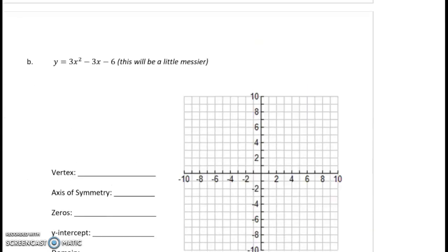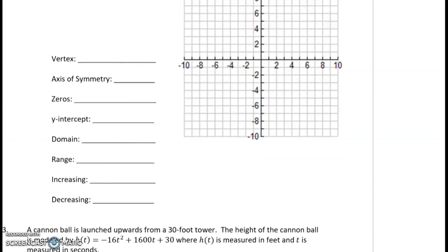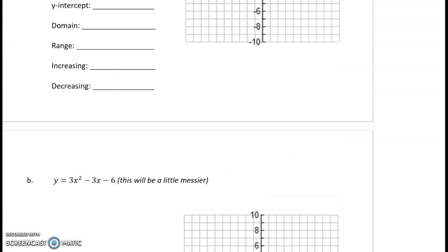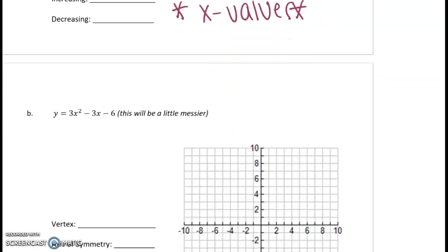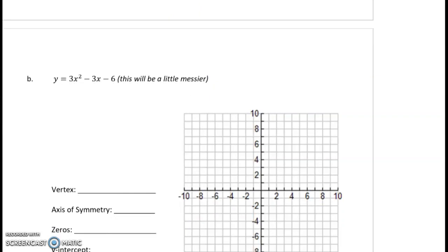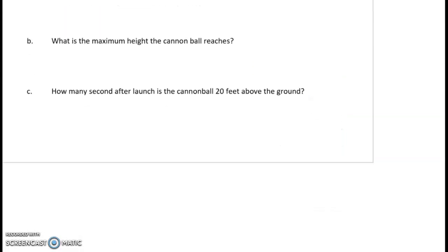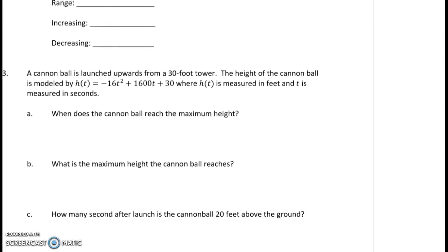You're graphing a couple, identifying the domain and range, increasing and decreasing. That's some review. Just a little heads up. You're always going to use your x values for increasing and decreasing. Remember, that's when we talked about our roller coaster. Here, this might be a little messy, meaning your vertex might be a little messy. Again, you can complete the square or opposite of b over 2a, and then a word problem.